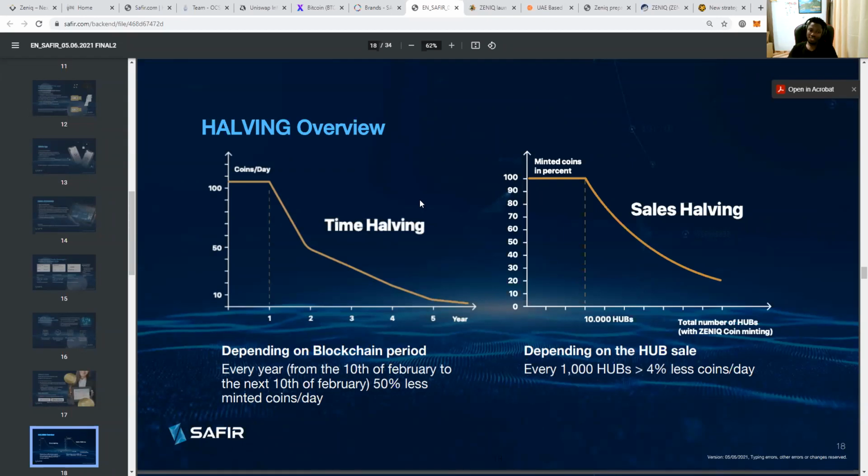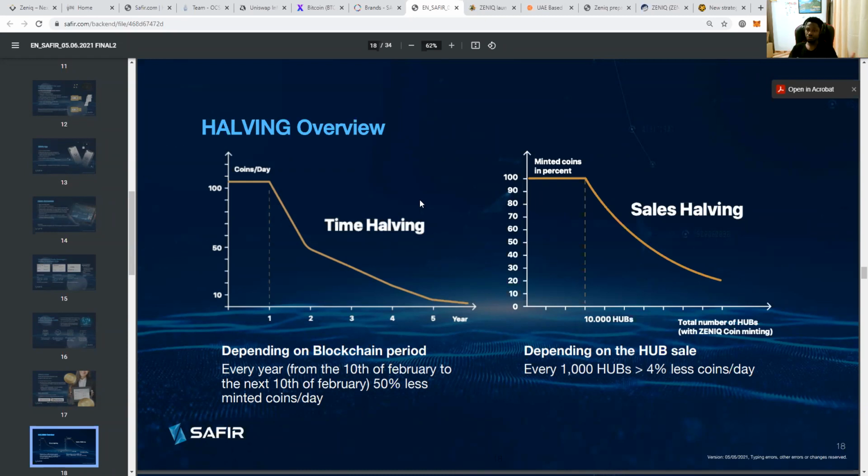All right, and with this time halving, the halving begins a year to a year, but then it doesn't wait to the year. Each and every day there is a level of halving of the token. So right from the beginning of this particular year, it started in February.